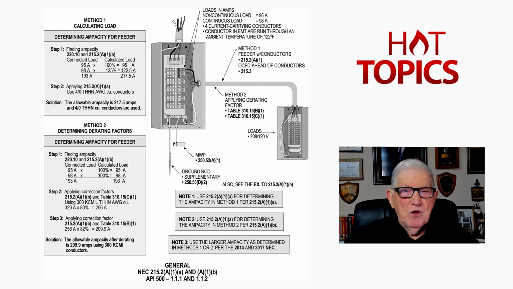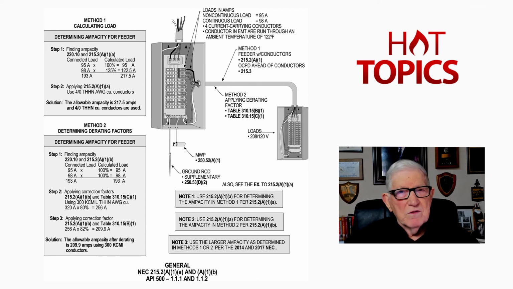But in step 2, we are routing through an ambient temperature of 122 degrees Fahrenheit, and we have 4 or more current carrying conductors. So we would take 320 amps for a 300 kcmil conductor, in accordance with table 310.16 and the 90-degree column, and we take 80% of 320, 256.